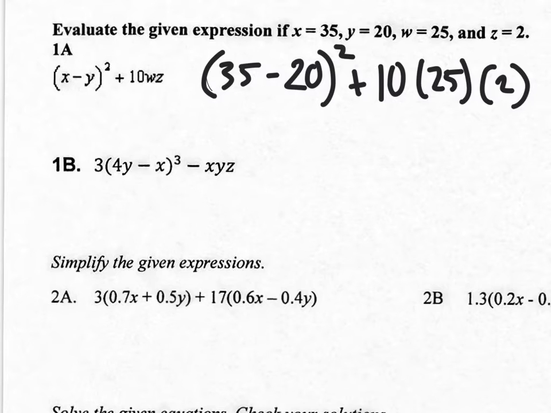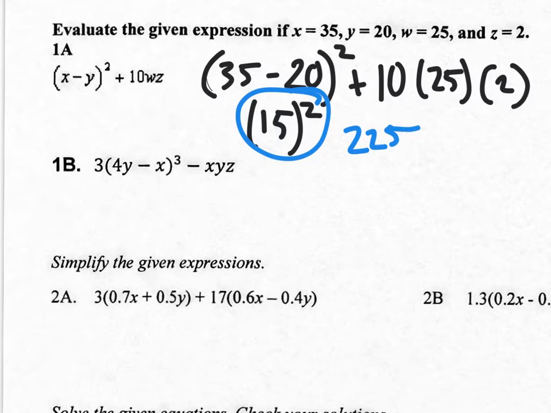So you could use calculators. 35 take away 20 is 15. And 15 squared, ladies and gentlemen, what is that? 225. Okay. So we really have, let me just rewrite this, 225. And how about 10 times 25, that's 250.